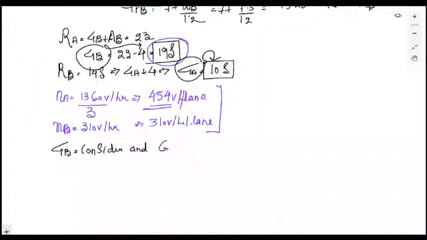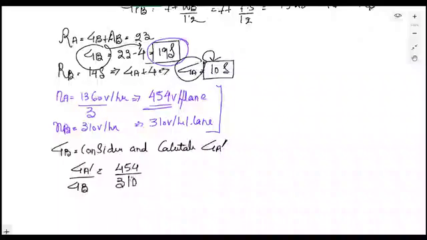We will calculate GA dash value. It means that GA dash divided by GB is equal to 454 divided by 310, because 310 is the value for the road B. It means that here you will calculate GA dash.